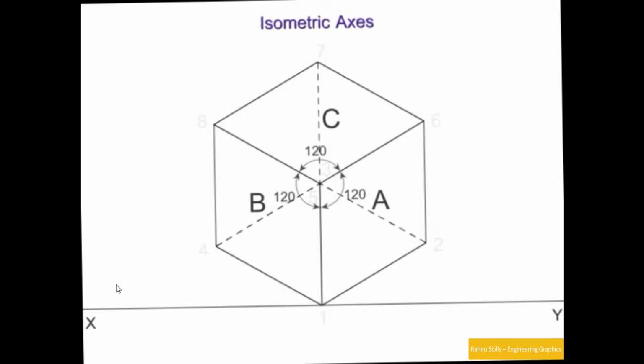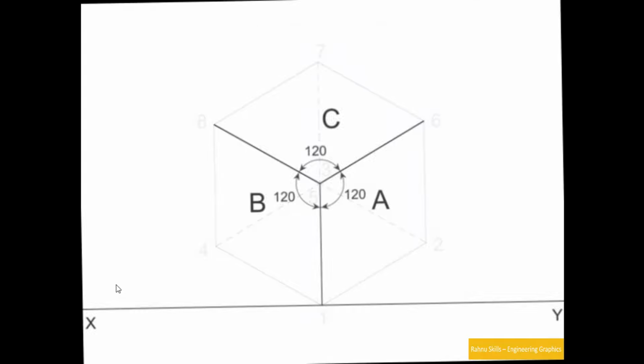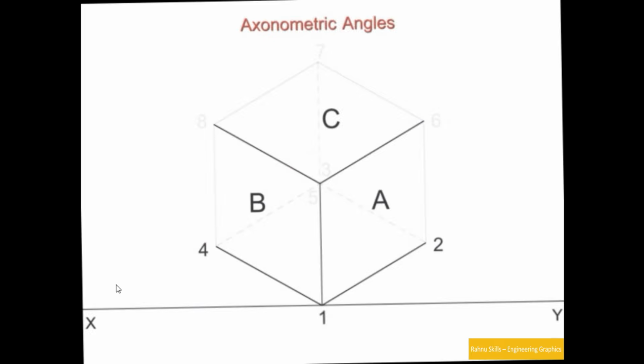All the planes, they are 120 to each other, that is why it is known as iso, means same angle like this. And these are known as isometric angles or axonometric angles. Now you can see these lines 1 4 and 1 2, they are parallel to isometric axis. I have told you how we are getting 30 degree.